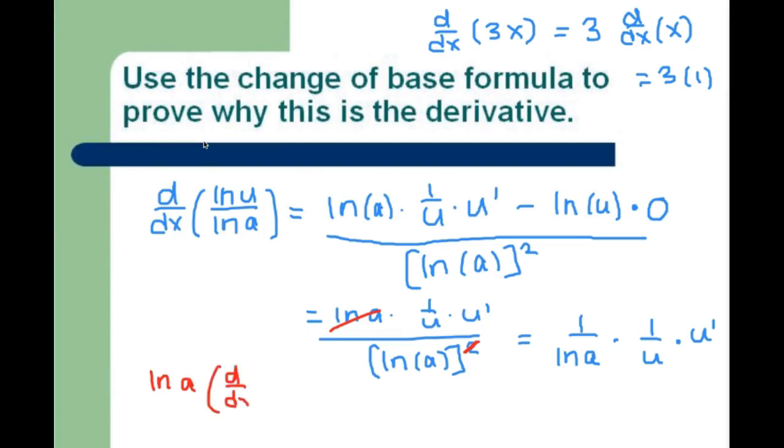So this is really like finding d/dx of ln u. And you would see once again that you got 1 over ln a times 1 over u times u prime, because the derivative of the natural log of u is 1 over u times u prime, times that constant 1 over ln a. Good?